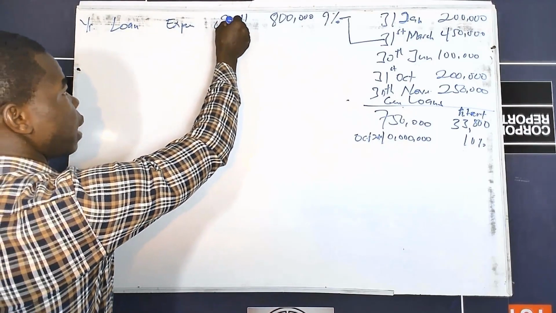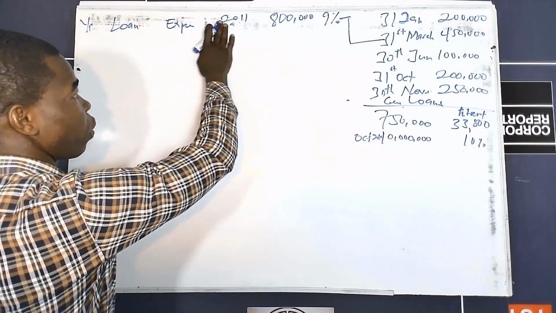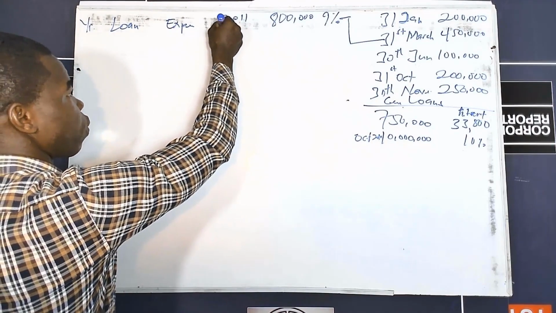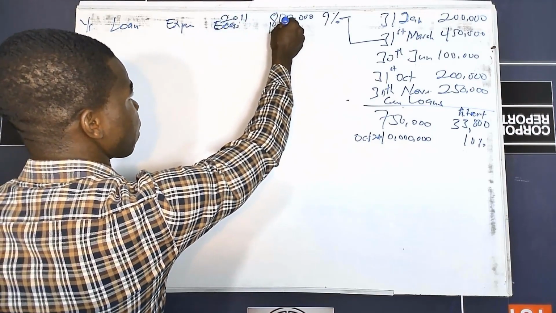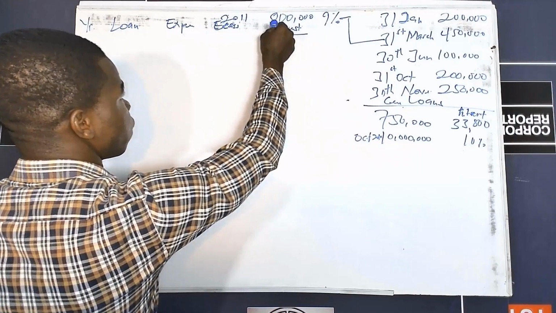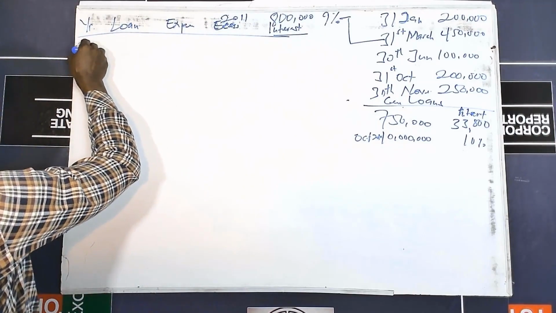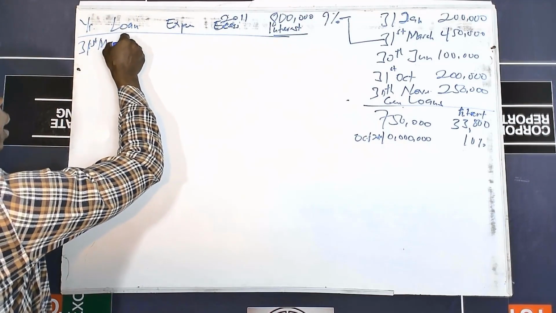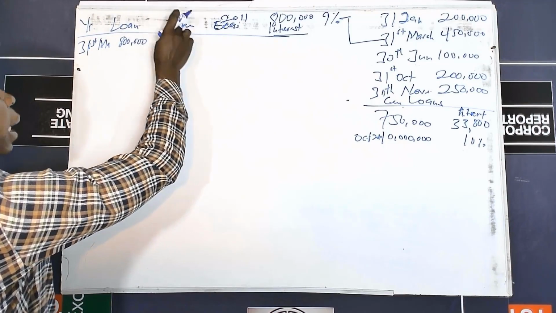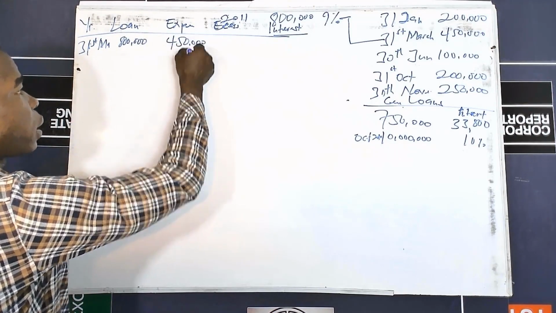Let's look at the loan that is left to us, or the excess loan, and then we can here look at our interest over here. So we took the loan on 31st of March, a loan of 800,000, and the expenditure on that date was 450,000 from the question.